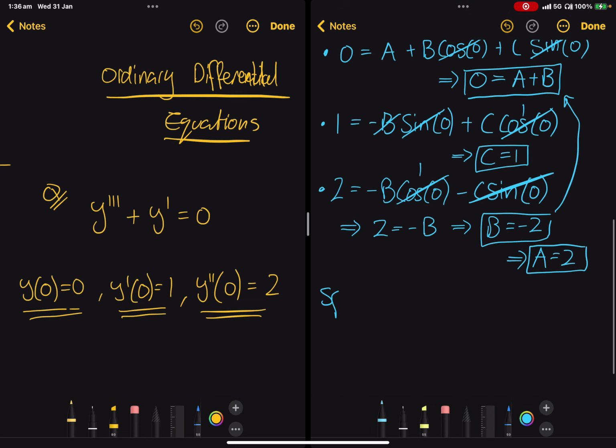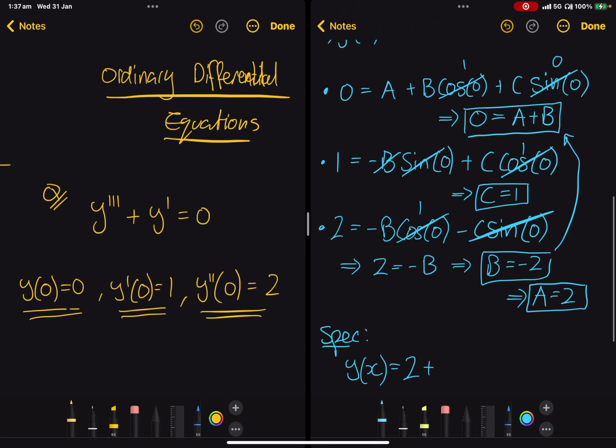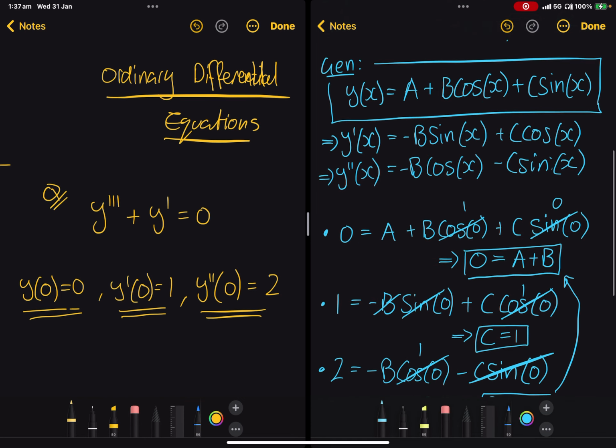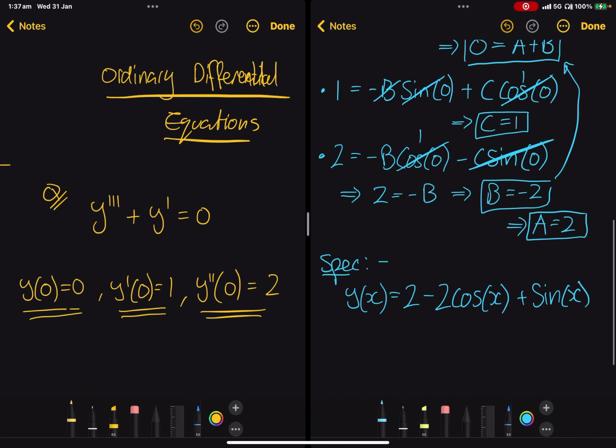So this means our specific solution is going to be y of x is equal to 2 plus minus 2 cosine of x plus 1 times sine of x. So let me just confirm this is correct, plus sine of x, yep. So this is now our specific solution.